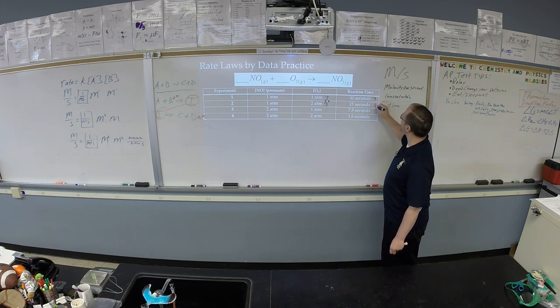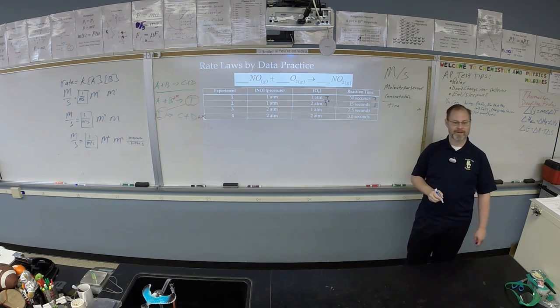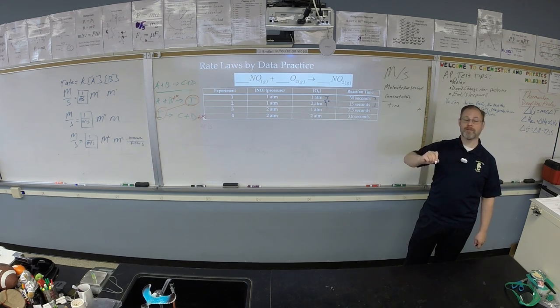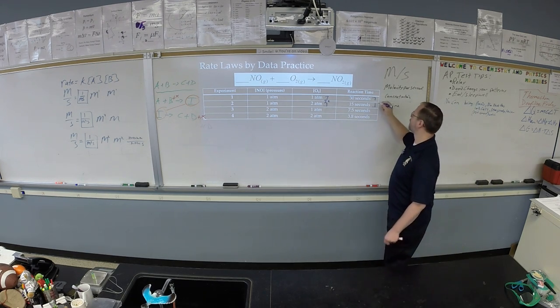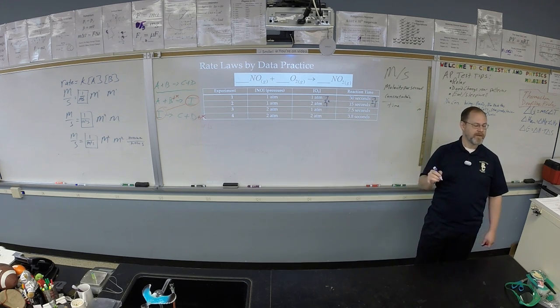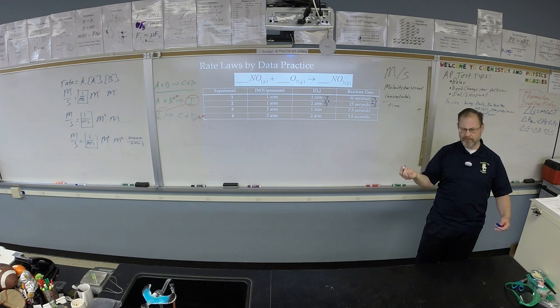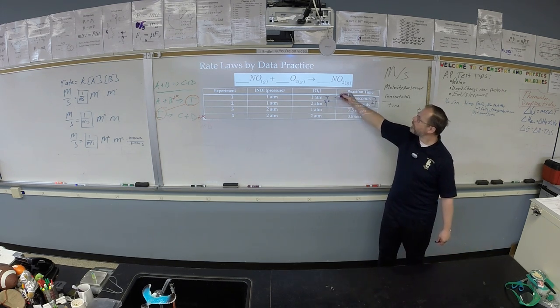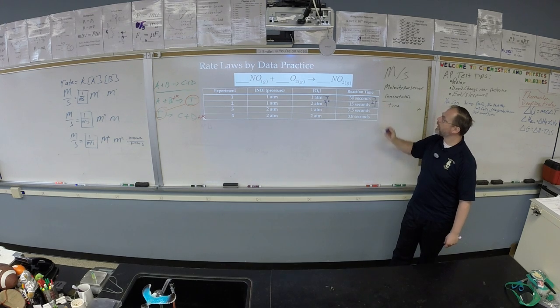And how did the rate change? The time dropped by half, so the reaction went twice as fast, exactly. So if it took half the time, that means the reaction went twice as fast. So 30 divided by 15 is 2. We doubled O2. The reaction went twice as fast.